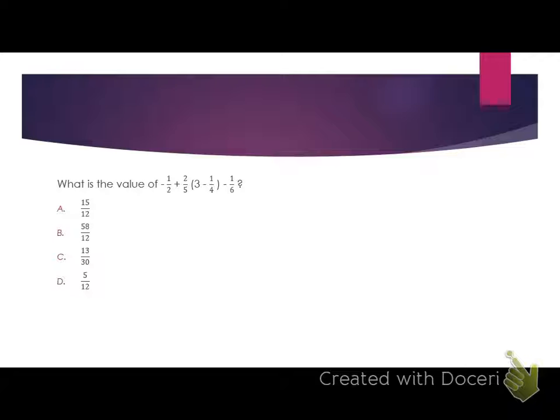Our next question asks us, what is the value of negative 1/2 plus 2/5 times 3 minus 1/4 minus 1/6? To go about solving this, you would first figure out what 3 minus 1/4 is, and that is 2 3/4. We then would take care of our multiplication, which is 2/5 times 2 3/4, which gives us 1 1/10.